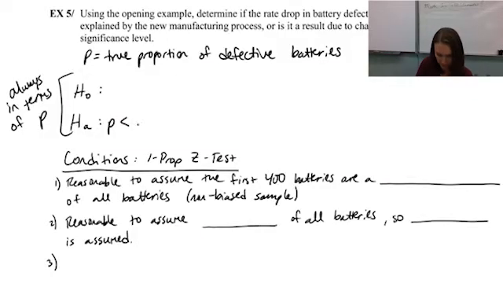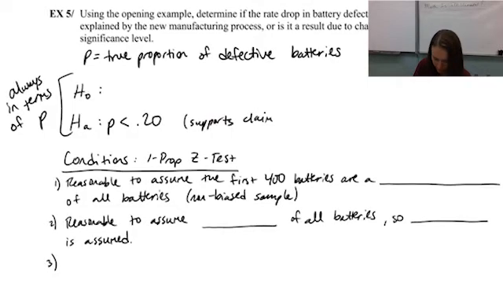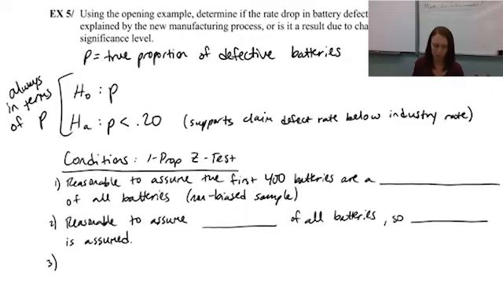P is less than 0.20. Now this supports the claim of defect rate below industry rate. And then the opposite of that would be P is greater than or equal to.